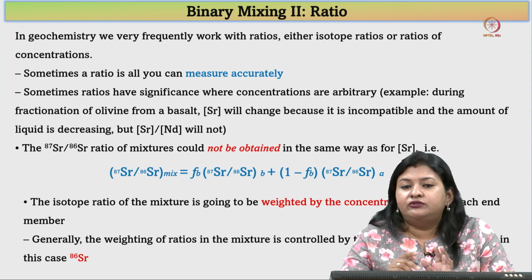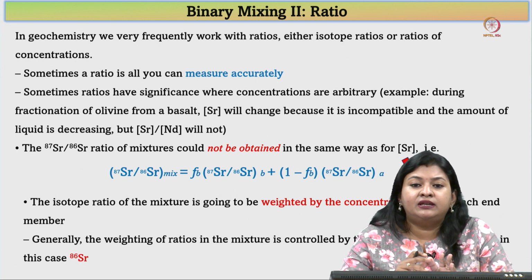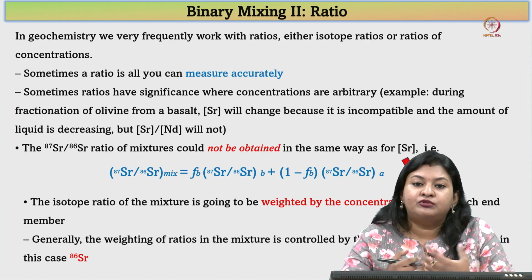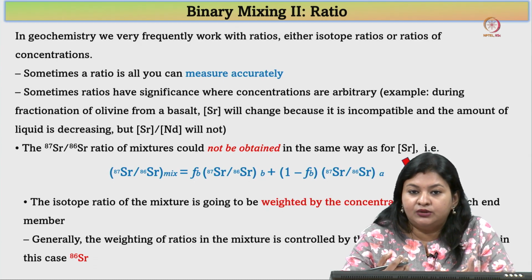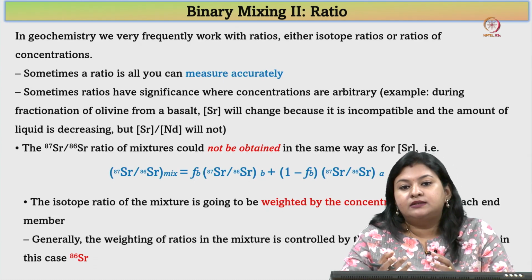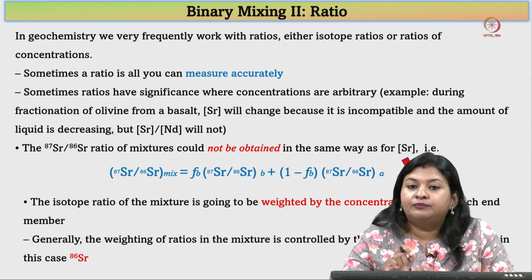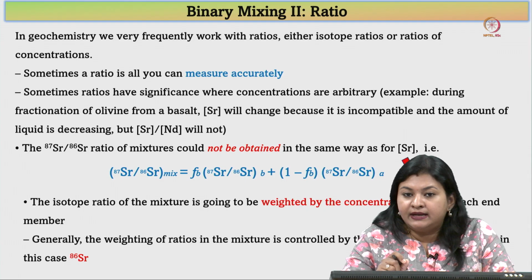Also, concentrations can sometimes be very difficult to understand. For instance, when you measure a concentration, there can be many additions, subtractions that is finally giving you that particular value. But the ratio of any two elements particular for the process that you are trying to understand may remain the same.